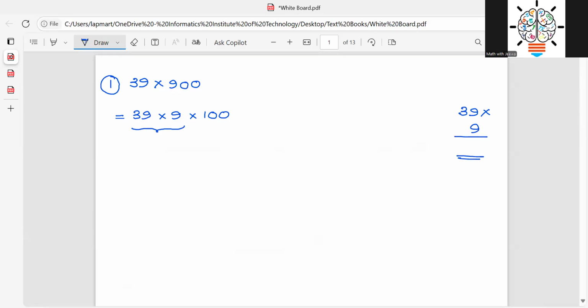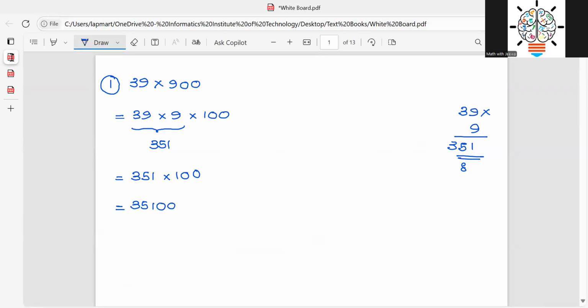Okay. So then you do the multiplication. 39 when you multiply by 9, it gives you 351. Right here 9 times 9, 81. So then 351. Then I write the next step. 351 multiplied by 100, it gives me the answer 35,100.